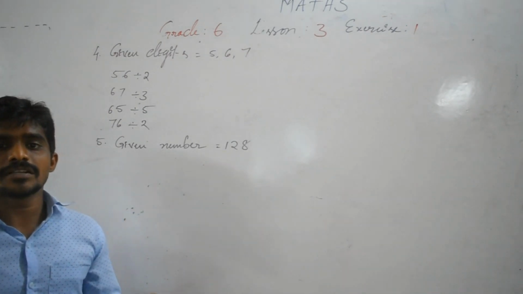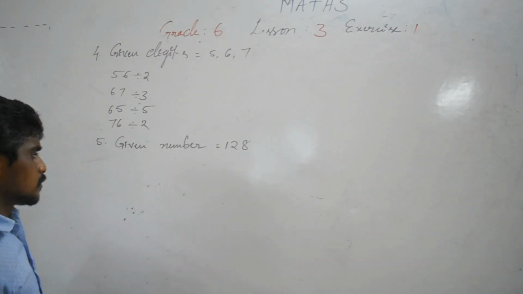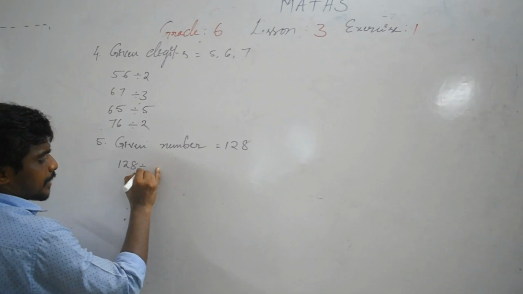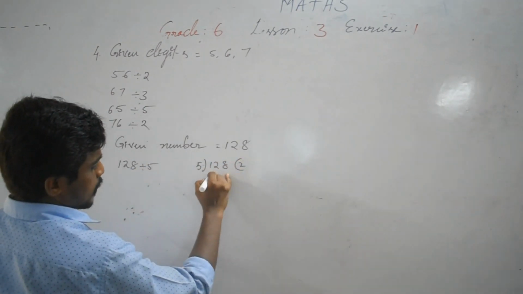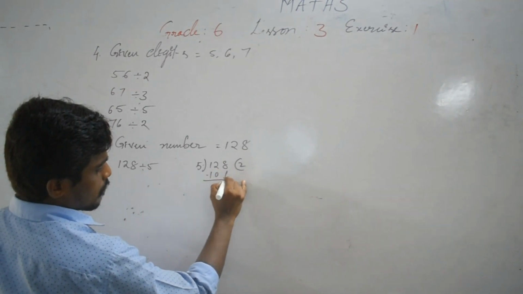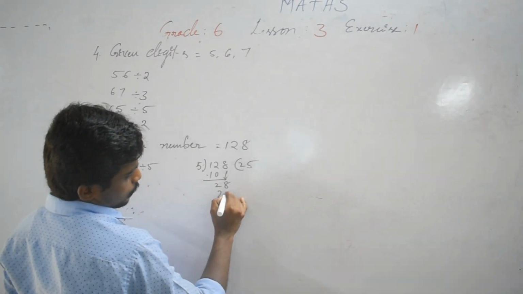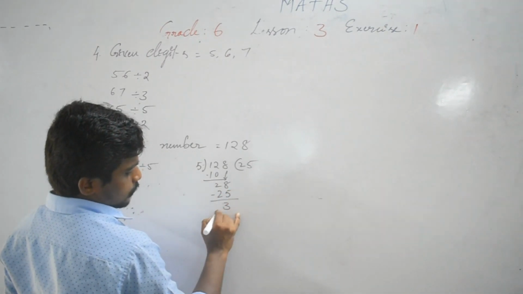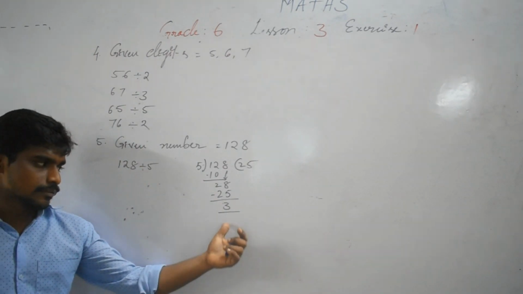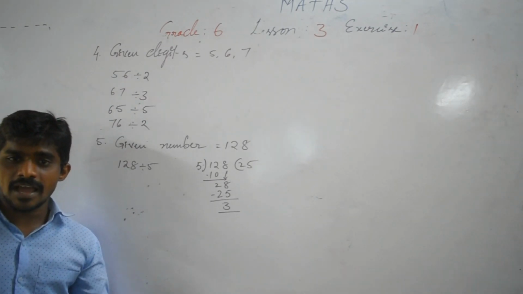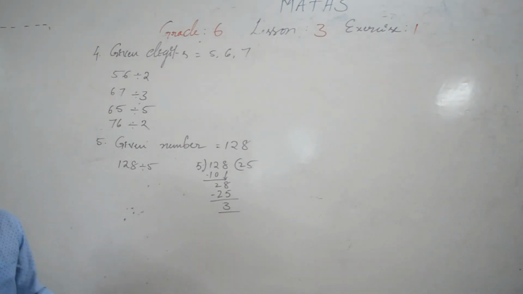How many do we add so that it is exactly divisible by 5? So 128 divided by 5. 5 twos are 10, 5 fives are 25, here 3. So now how many remain? Remaining 3. So how many do we add to the 3 to make it divisible by 5? 2.